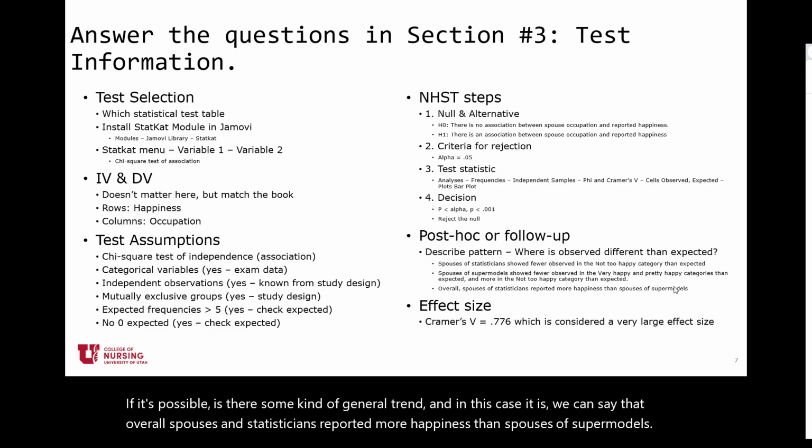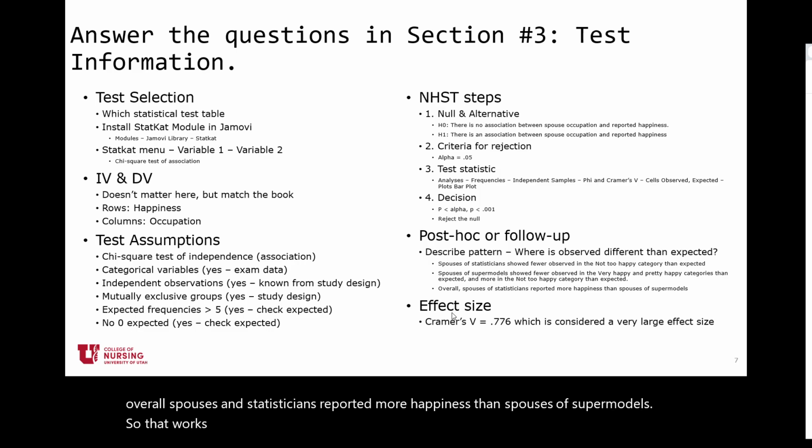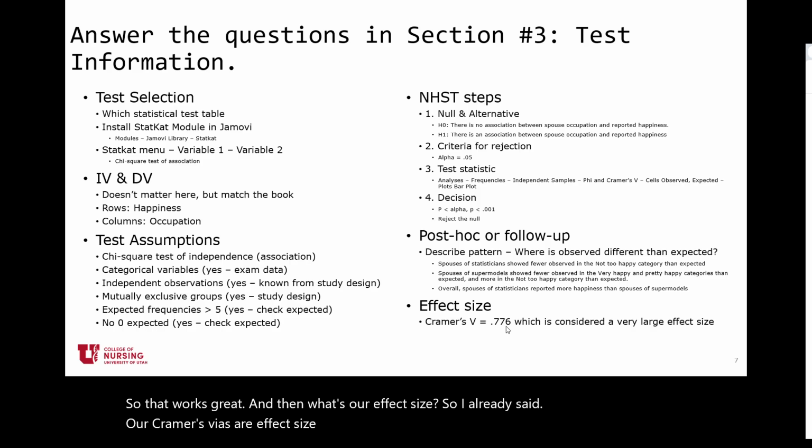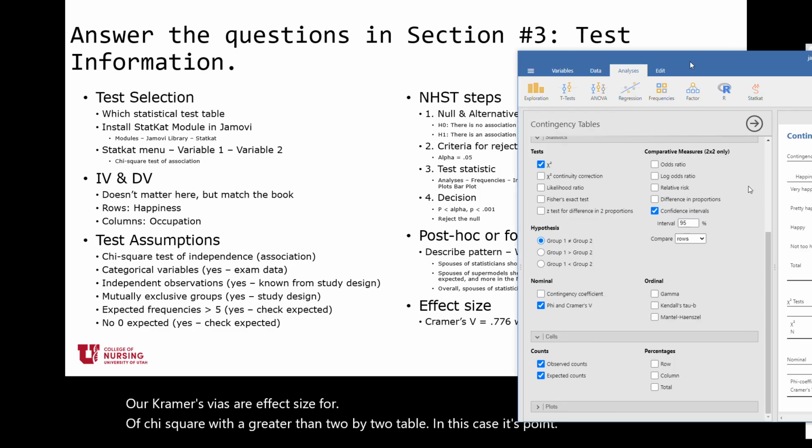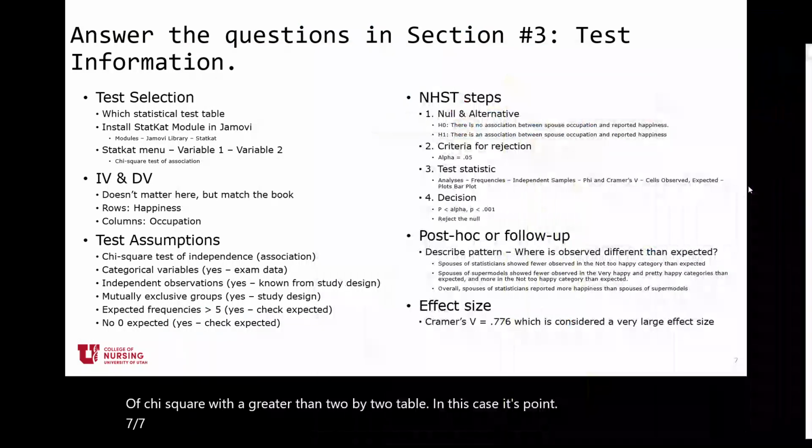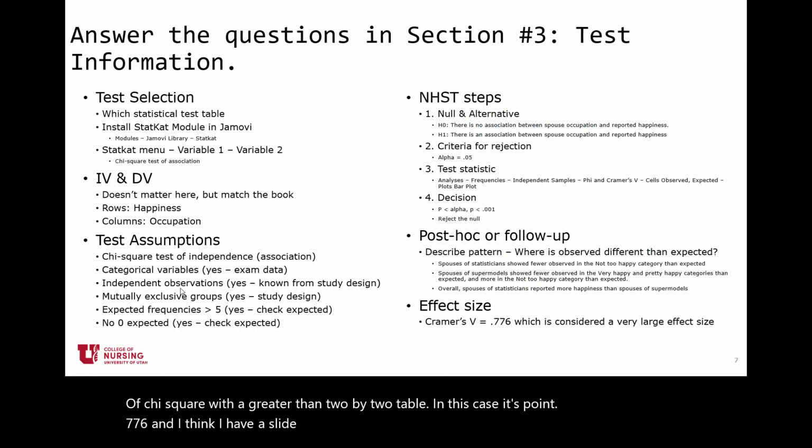So that works great. And then what's our effect size? So I already said our Kramer's V is our effect size for a chi-square with a greater than 2 by 2 table. In this case, it's 0.776. And I think I have a slide here about effect sizes.